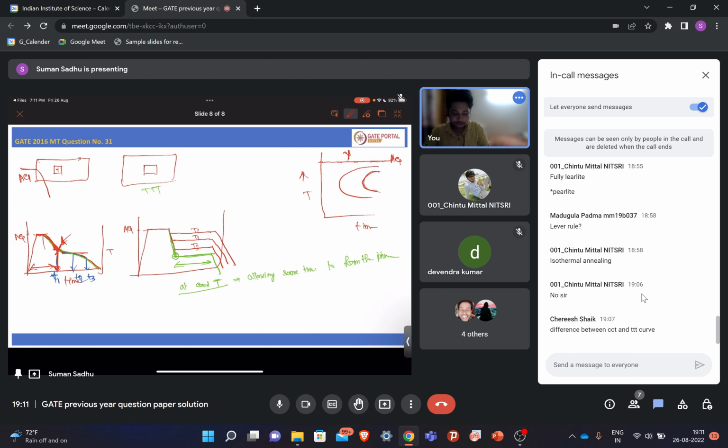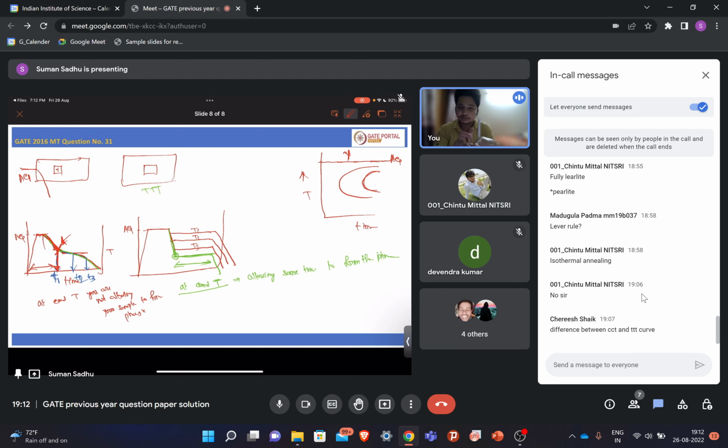So in this case, at a constant temperature, you are not allowing time to form the phase or for the transformation.